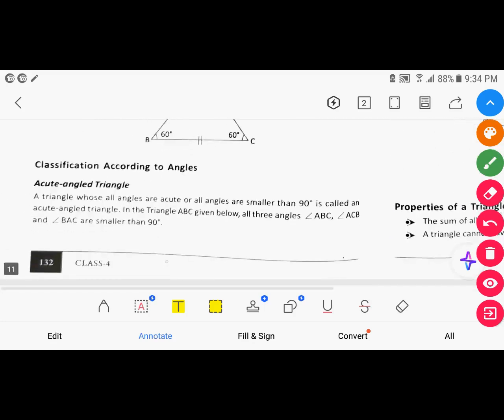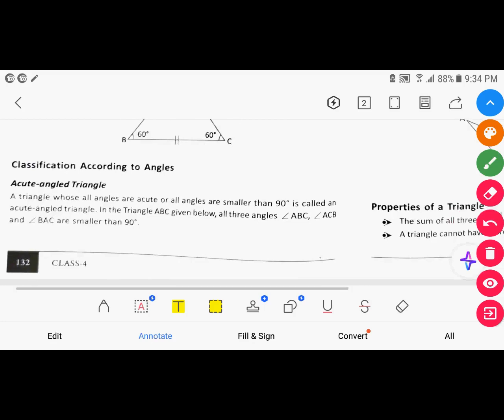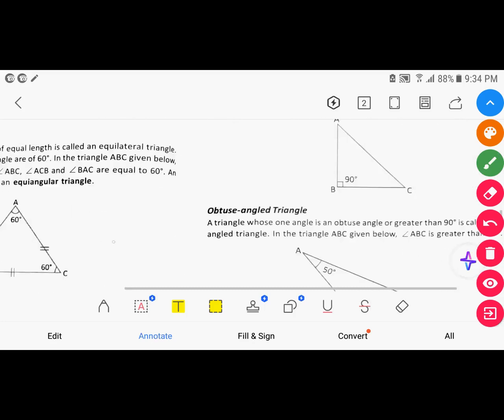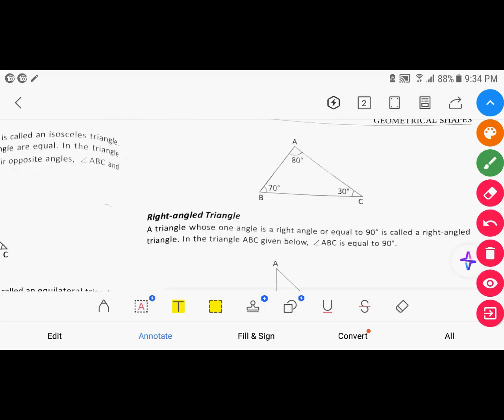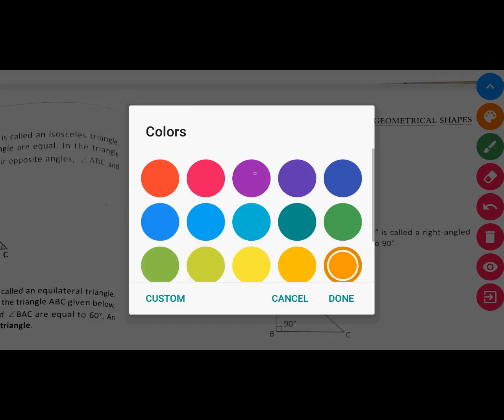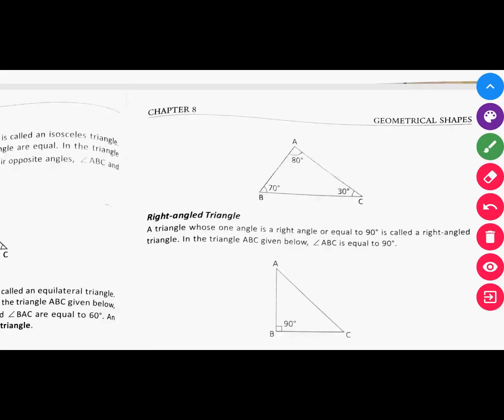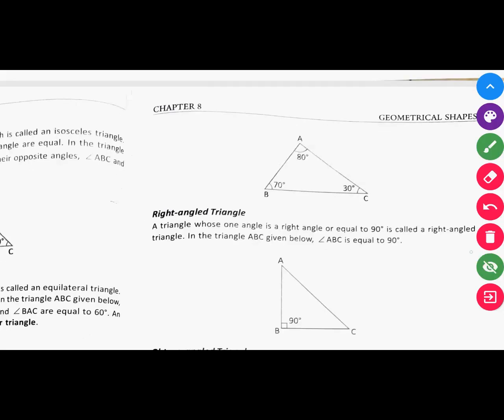Okay. When all the angles are less than 90 degrees, then it is known as an acute angle triangle. But again, the condition is there, their total is 180 degrees. Means one angle is here of 80 degrees, one angle is of 70 degrees, one angle is of 30 degrees. But all three are less than 90.